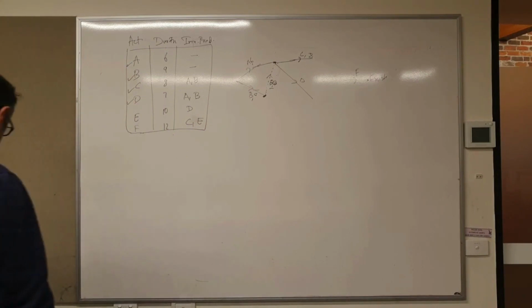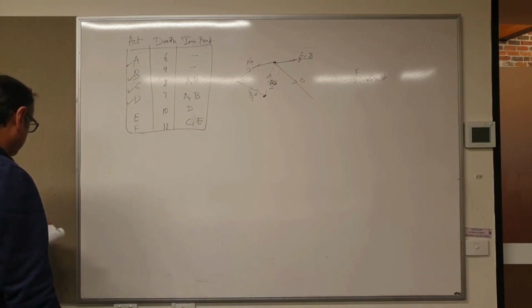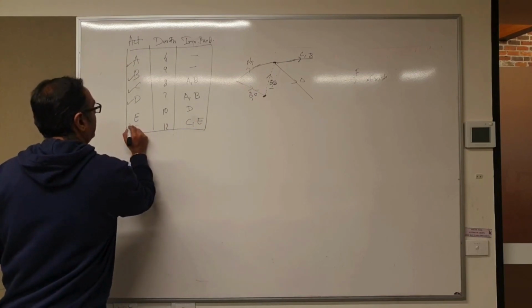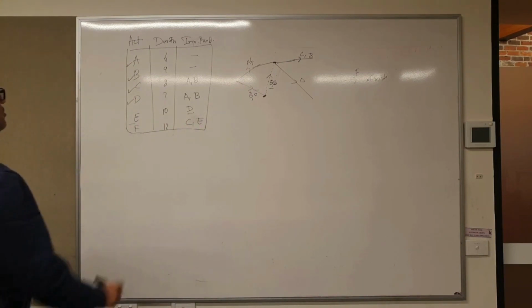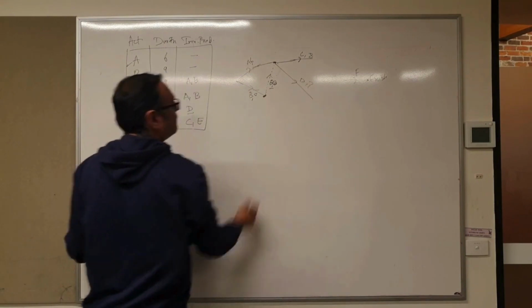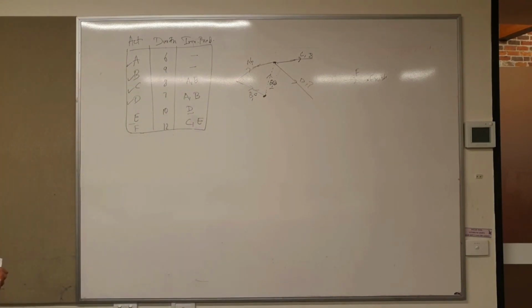And then you need an E that needs a D, and D was obviously 7. All good?